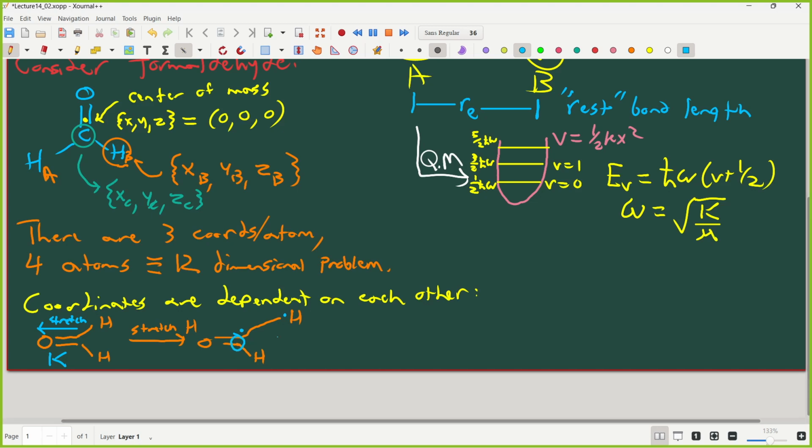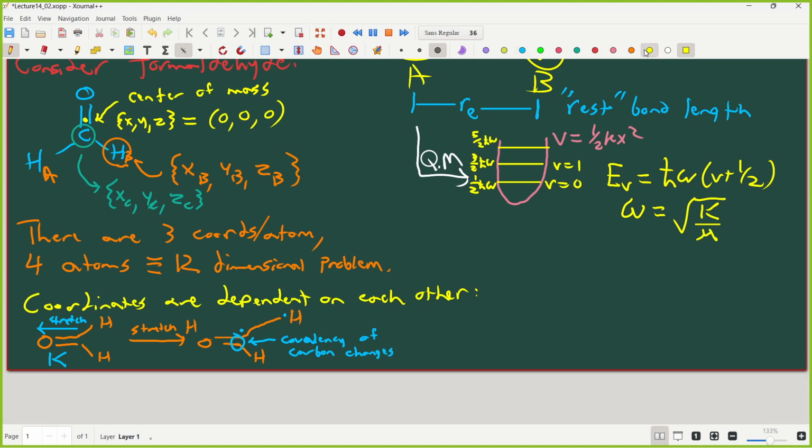And the covalency of carbon changes, right? As I start to homolytically cleave that CH bond. And so therefore, when I stretch my CO bond, that carbon has a different chemical environment now than it did before I stretched the CH bond, and therefore it's going to have a different force constant.